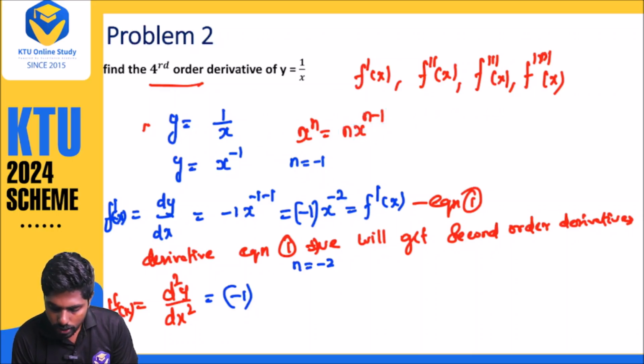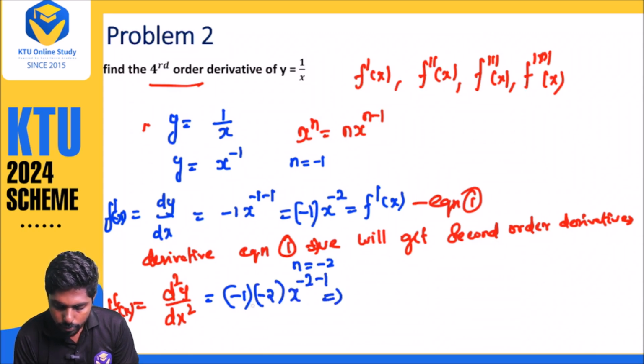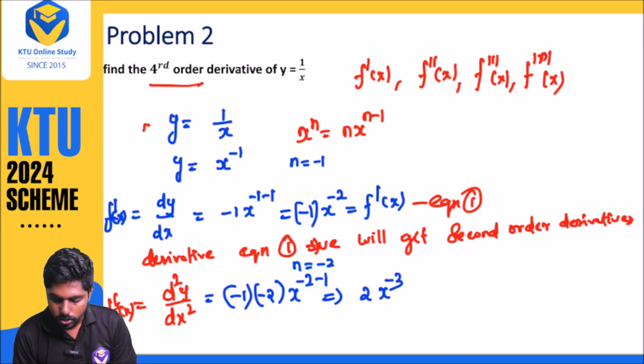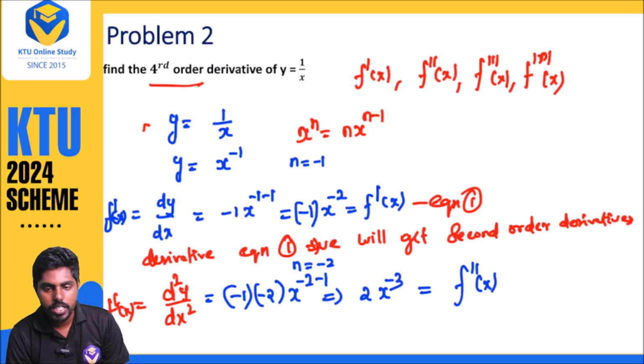So minus 2 x power minus 2 minus 1. Minus into minus will become plus, so plus 2 into x power minus 3. So this is nothing but f double dash of x. We have identified the second order derivative.